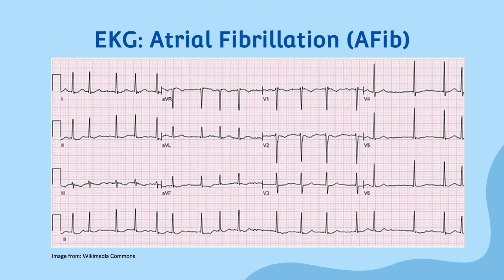These waves, which are usually seen on an EKG, indicate the contraction of the atria. However, since the atria are simply quivering or fibrillating, there is no strong or organized depolarization to form a P wave.